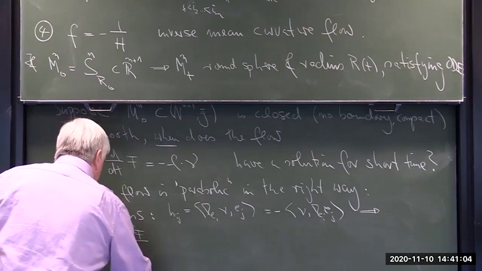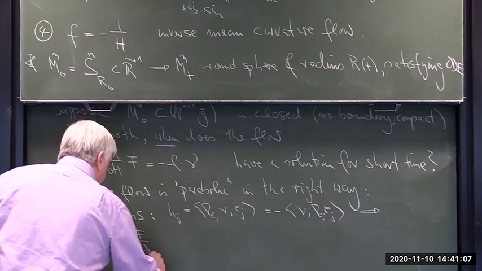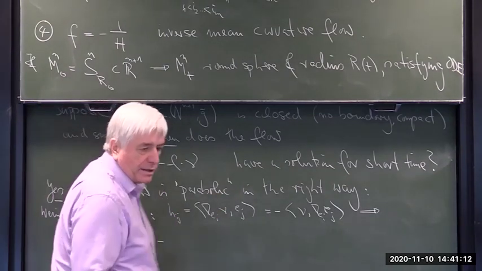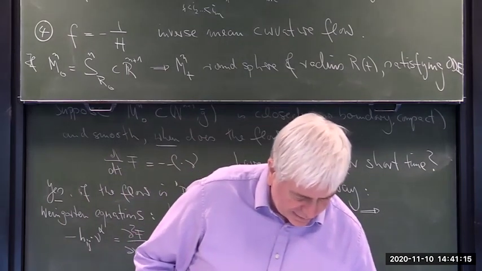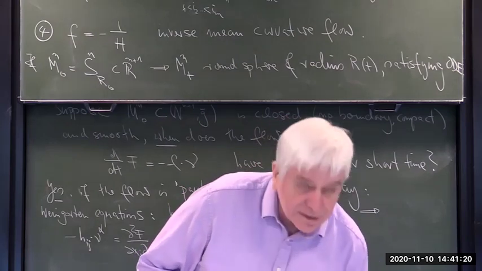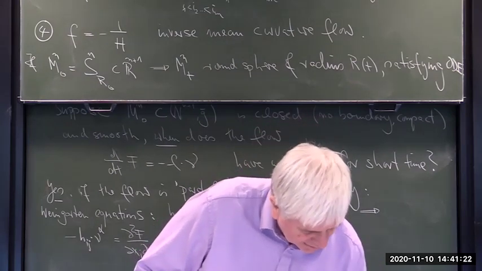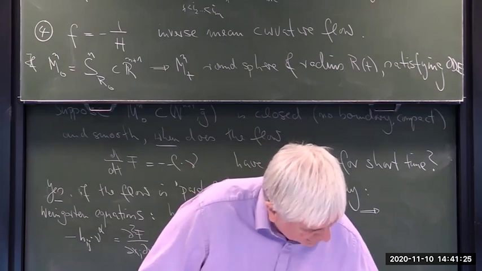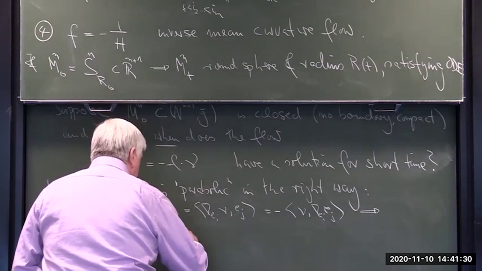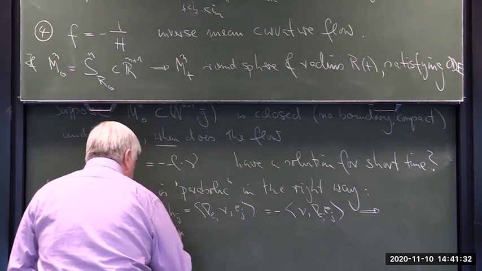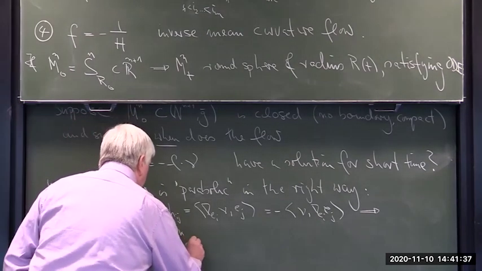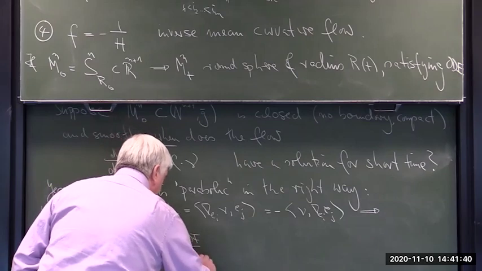So we get here the minus sign, and then we get d²f/dx_i dx_j. And then since it's a covariant derivative, we get, with a minus sign, Gamma^k_ij. So these are the Christoffel symbols of the induced metric g times df/dx_k.